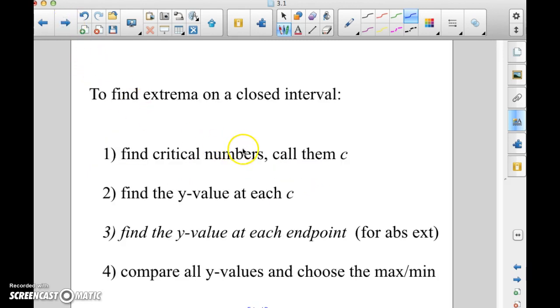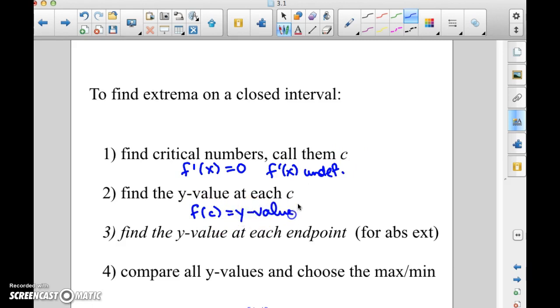In order to find extrema, which is what we're going to focus our assignment on today, finding extrema on a closed interval: first, you find the critical numbers. So you take your derivative, and you find out where it equals 0. So that's where the top equals 0. You also take the derivative and find out where it's undefined, which means where the denominator equals 0. Those are going to be c. Those are critical numbers. Then we plug c into the original function because that's going to be our y value.